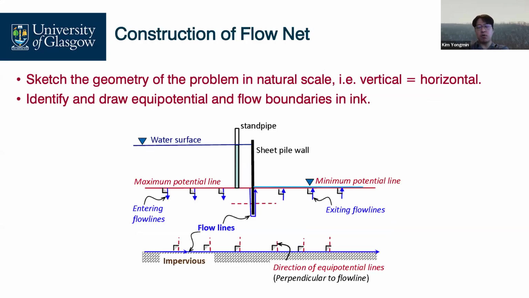So based on Thom's rule discussed before, we can construct our flow net. Let's sketch the geometry of our flow net on a natural scale. The ground surface, sheet pile and impermeable layer should be flow lines. The water surface here and the minimum water surface here are the equipotential lines.